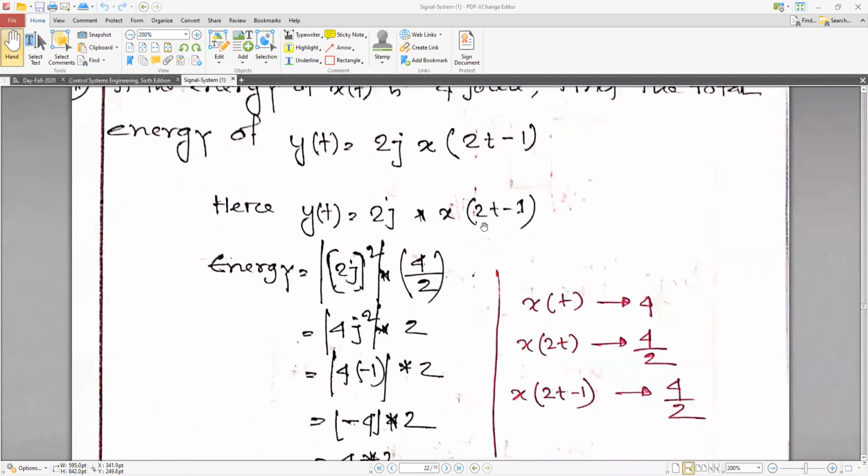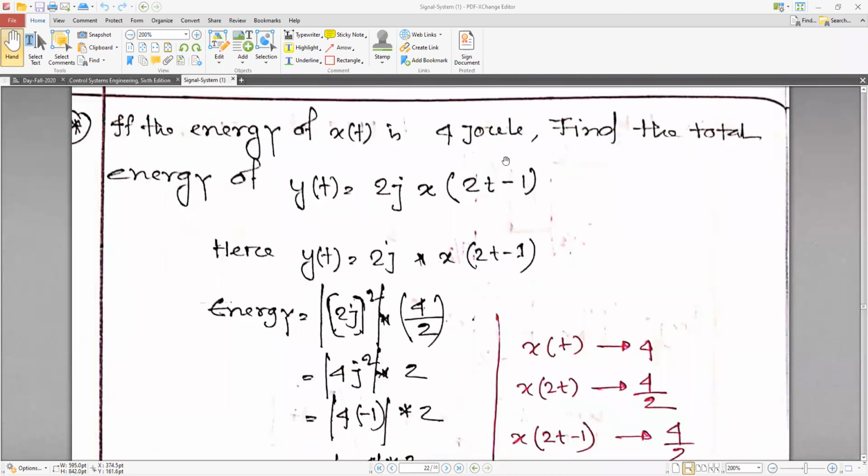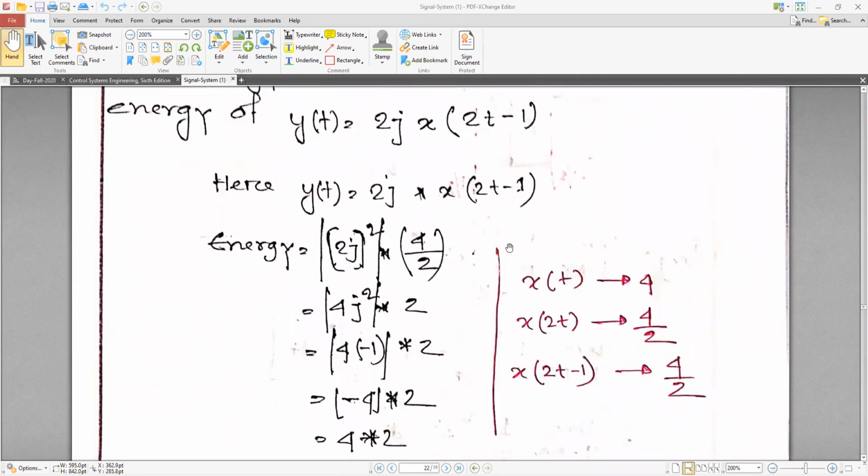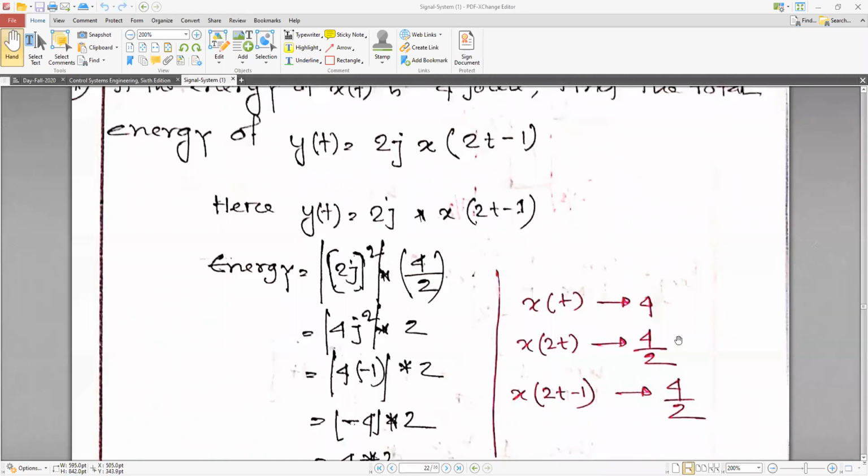Since it is time scaling, so 4 by 2, because it is 4 joule, x is equal to 4, so 2t divided by 2. And minus 1 is also 2 by 2.